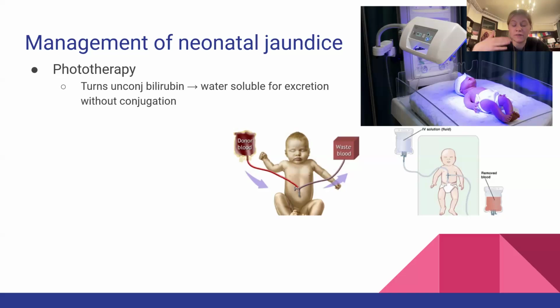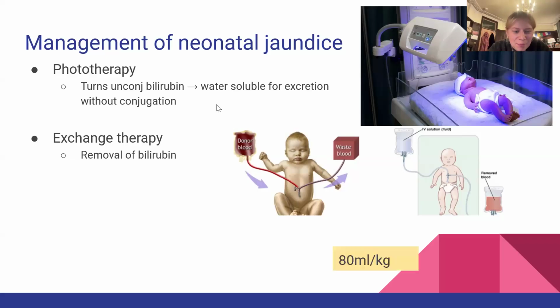If it's more severe and there are really high levels, then you might do the second thing, which is exchange therapy. It's the removal of bilirubin from the blood by exchanging blood, so it's like an exchange transfusion. Very interestingly, though, does anyone know how many mils per kilogram of blood neonates have? Generally, neonates have about 80 mils per kilogram.